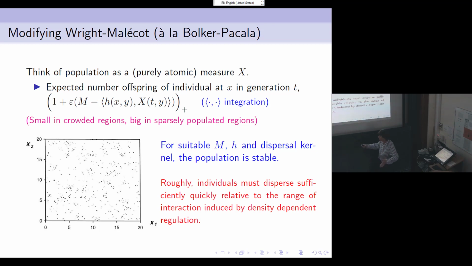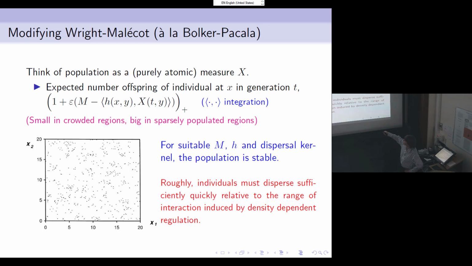It could be something very simple. And it's going to measure the population according to that weighting. So this could literally be a counting measure. I could literally count the number of individuals within some distance of me. And if that number of individuals is bigger than some critical value m, I decide it's too crowded, I don't have any offspring, or I have a reduced number of offspring, so this number will be negative.